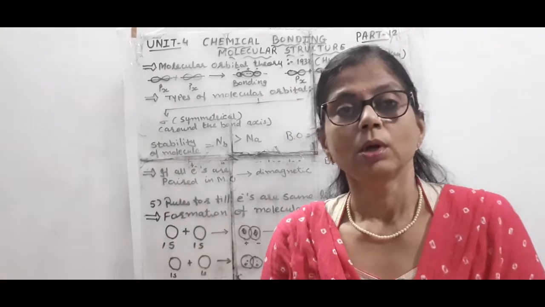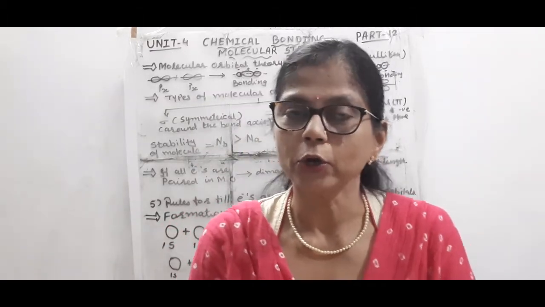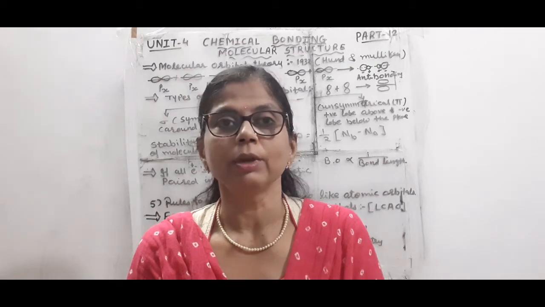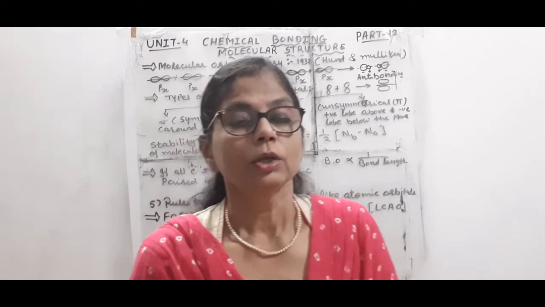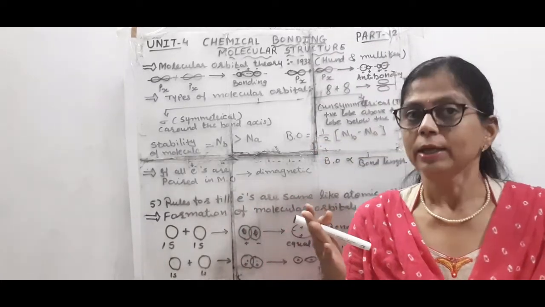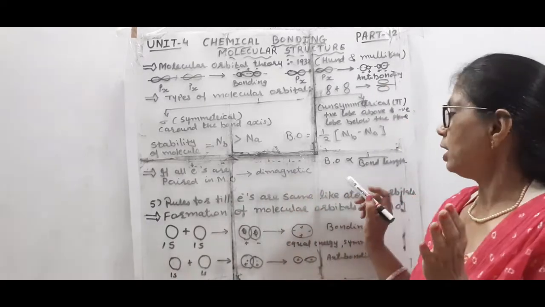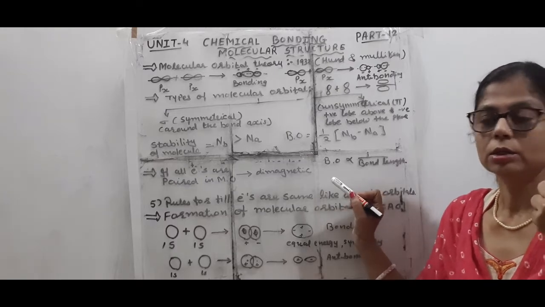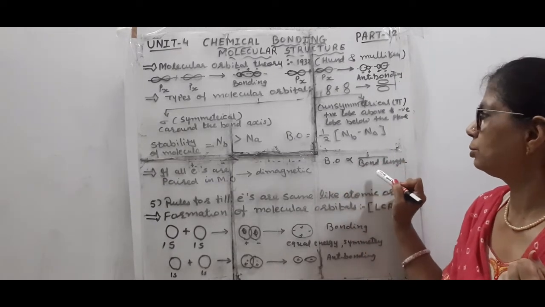And as you know, O2, O double bond O, that is known as the bond order. N triple bond N, that is the N2 molecule, and the triple bond is known as the bond order, students. So bond order is inversely proportional to the bond length. If the bond length is increased, bond order is small, and that's why it is said that bond order is inversely proportional to the bond length.